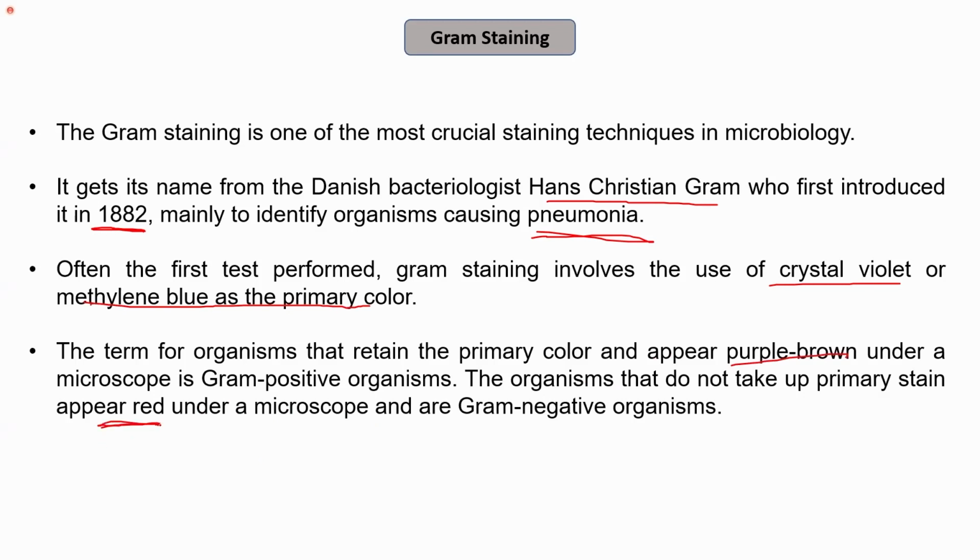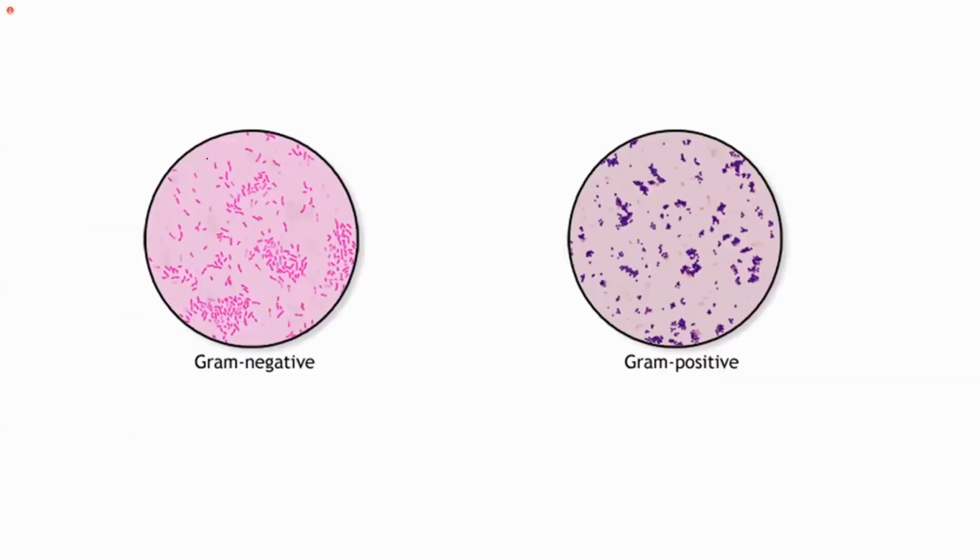Right? So we can see that when we perform the gram staining, you will learn in the higher classes, we will see that the gram negative bacteria will appear pink in color, while the gram positive bacteria will appear purple in color. So this is the gram positive bacteria, that is purple in color, right? When we visualize it after the gram staining, while this one is pink in color, right?